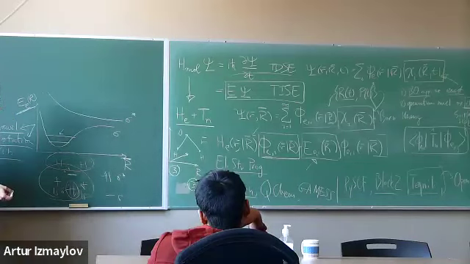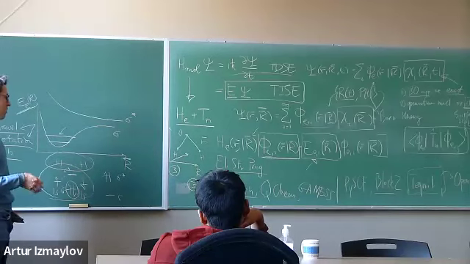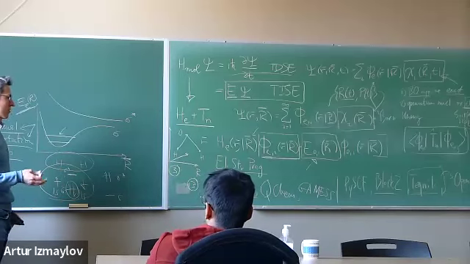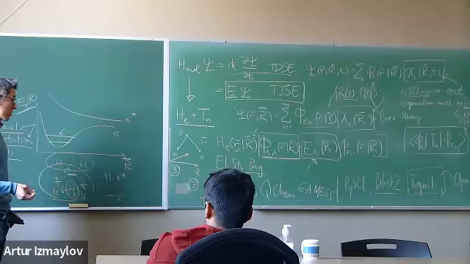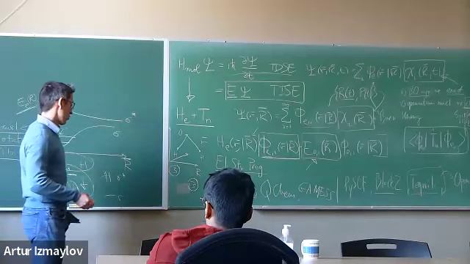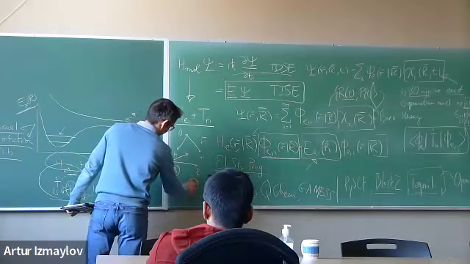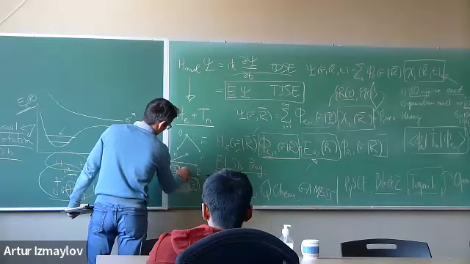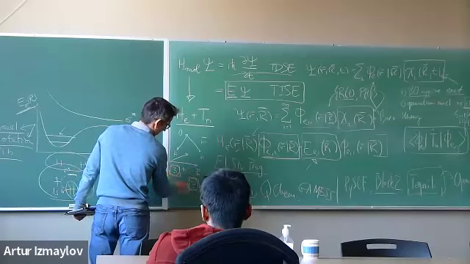But even at the quantum level, if you try to separate the coordinates in the Hamiltonian, it's not possible to do exactly. So since this is not a course in spectroscopy, we don't really go into these details, but just keep in mind that these translational coordinates can be separated exactly.